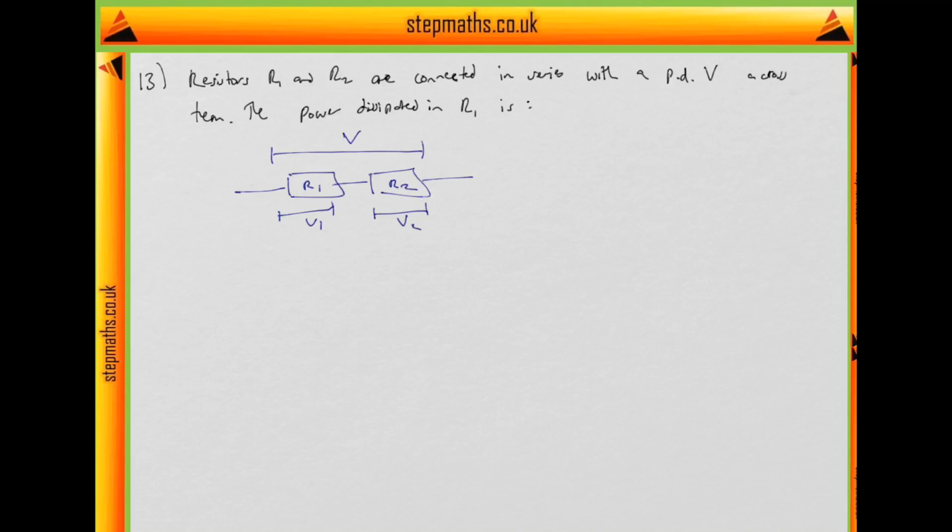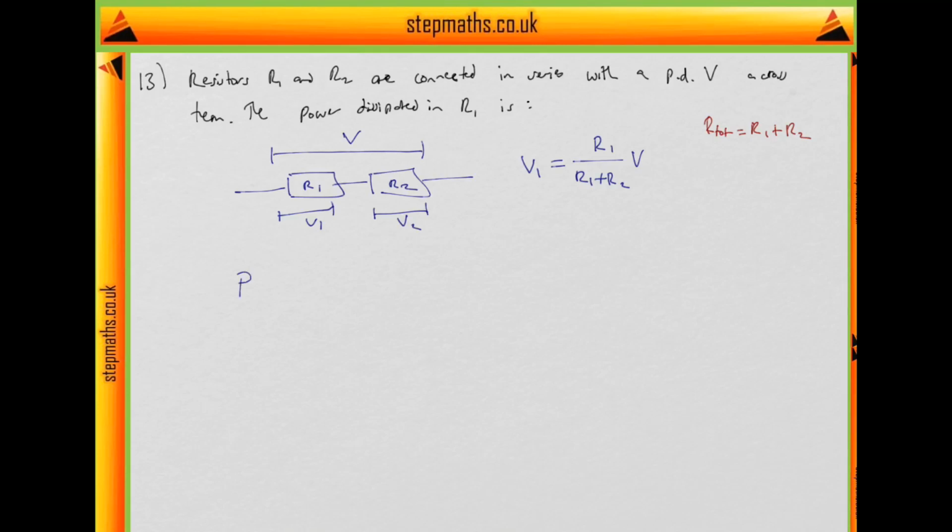And we know the way potential dividers work is that V1 will be equal to the fractional resistance R1 offers of the two. And we know they're in series, so R total is simply R1 plus R2. So the fraction that R1 has is in fact R1 over R1 plus R2, and it's that times V. So that's the fraction of V that R1 gets.